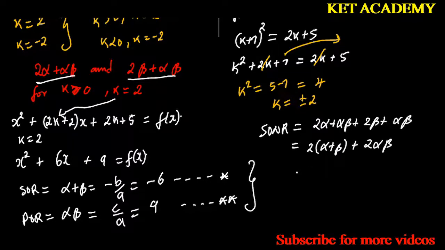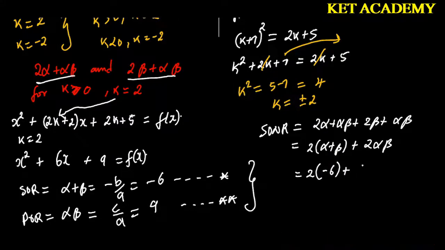Here we have sum of roots, which clearly is negative 6, plus 2 into product of roots. Our product of roots is 9. So we're going to have minus 12 plus 18, which will give us 6.